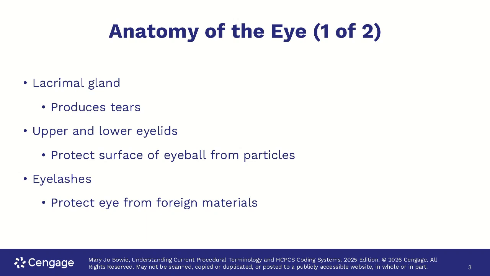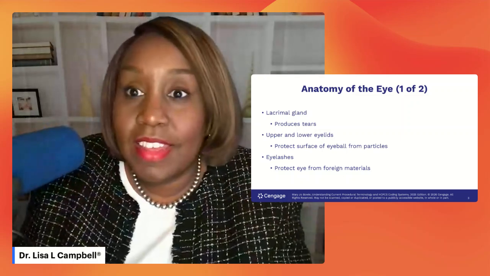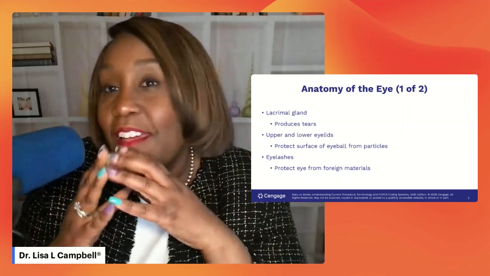The eyes are covered by the upper eyelid and lower eyelid, which keep the surface of the eyeball lubricated and protected from particles. And then the eyelashes, which are located along the edge of the eyelids, protect the eye from foreign bodies.